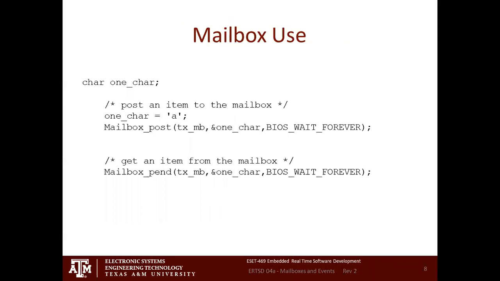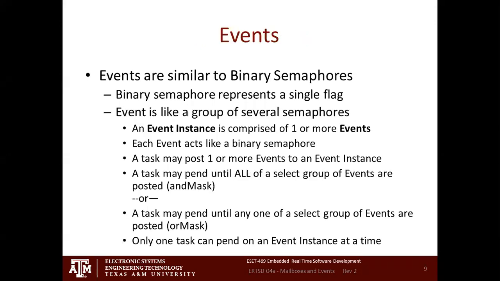When we get ready to use this, I want to post a character. I do a mailbox post and send the address of the character. When I want to get an item out, I give it the address of where I want that to go. That makes sense to anybody? It's pretty easy to use.